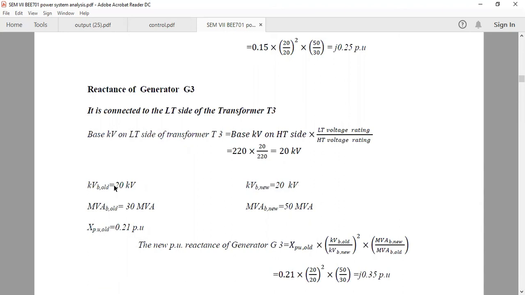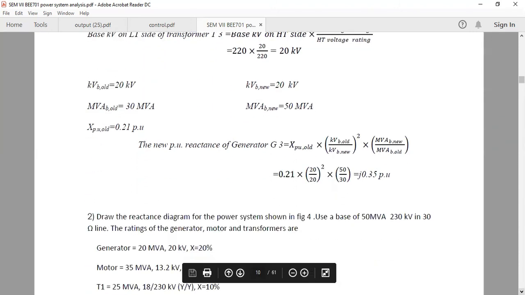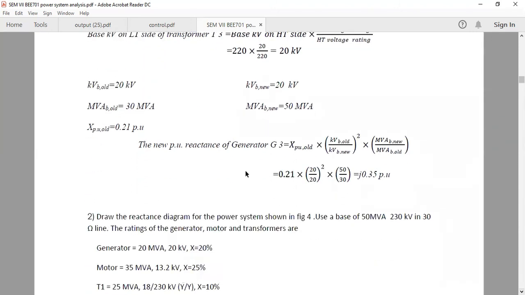Its old value is 20 kV. MVA old is 30 MVA. MVA new is 50 MVA. And the X per unit value of generator G3 on the old base is 0.21 per unit. The new per unit reactance of generator G3 is j0.35 per unit.